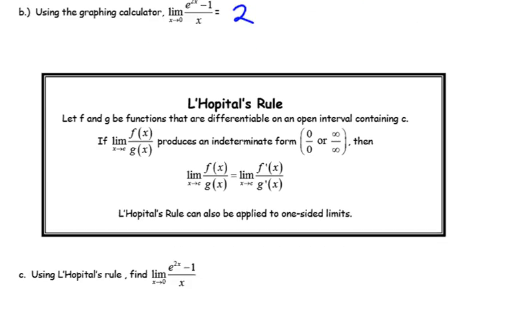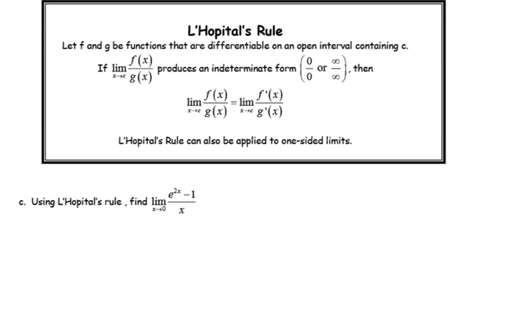L'Hopital said that if you have two separate functions, f and g, and those functions are differentiable, containing that c that they're approaching, if you're taking the limit of that function divided by another function, and you get a form of 0 over 0 or infinity over infinity, only if you get that form, then the limit of that quotient is equal to the limit of f prime divided by g prime.